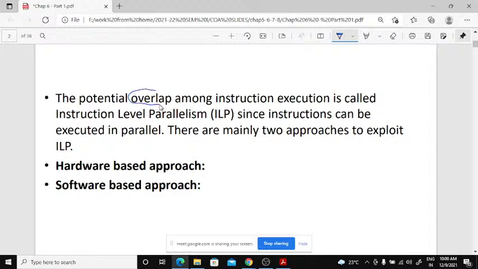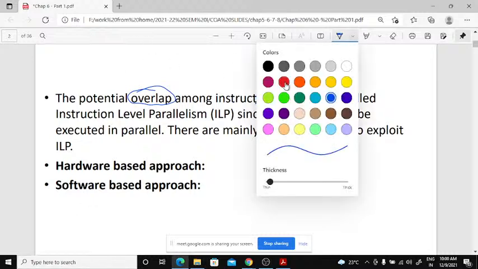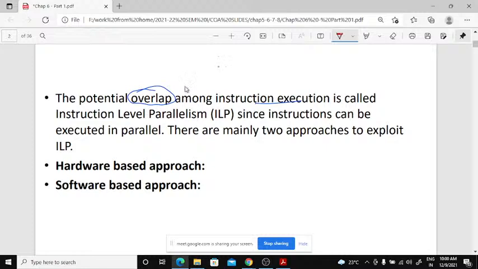The potential overlap among the instruction execution is called instruction level parallelism, ILP, where the instructions are executed in parallel.